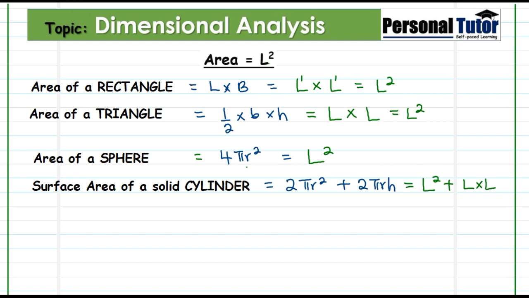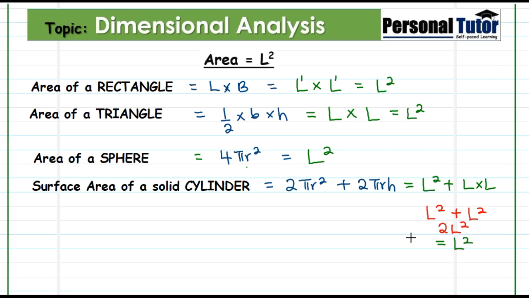So bringing the two of them together, I will have L squared plus length times length, which also gives you L squared. L squared plus L squared will amount to 2L squared. Finally, remember that 2 is still a dimensionless constant. And so when the 2 is ignored, we are left with L squared.